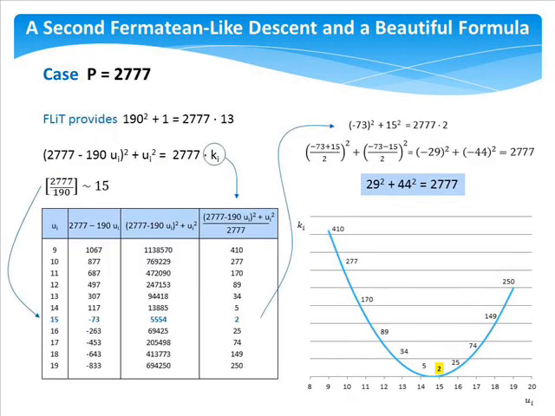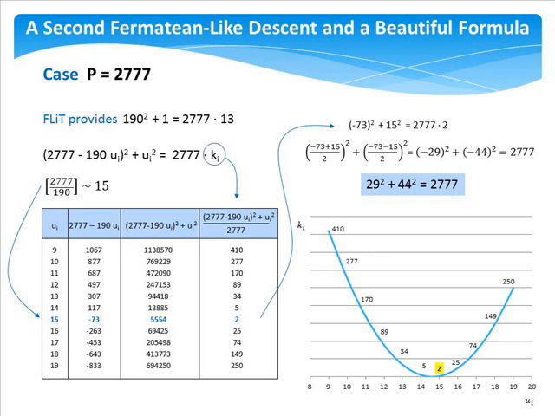The next example is the case prime 2777. Fermat's little theorem provides the initial equation, and we see that the second equation evaluated for u sub i at 15, which is the closest integer to the ratio 2777 over 190, lets us find the smallest value of k, that is k equals 2. So we now know that 15 squared plus 73 squared is the double of 2777.